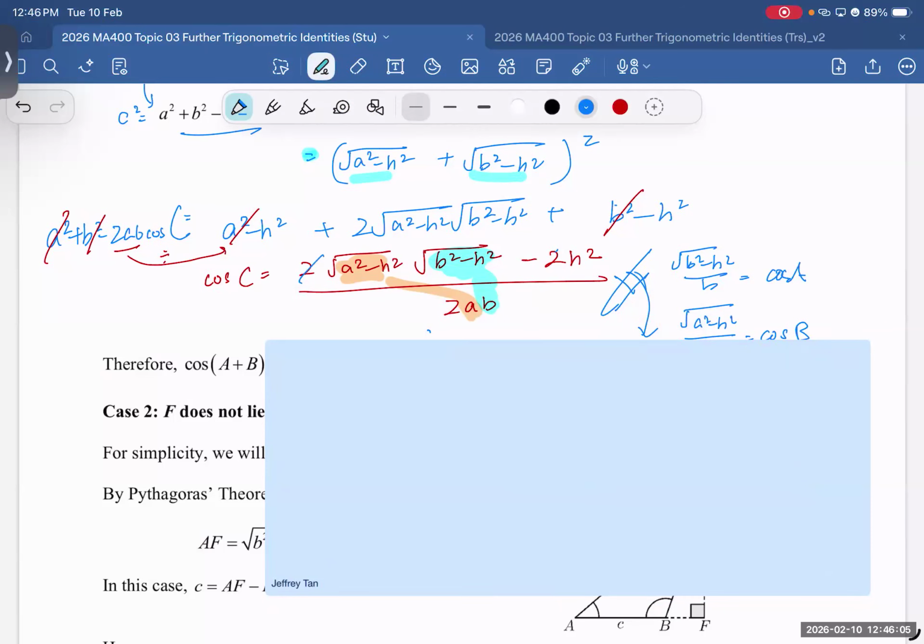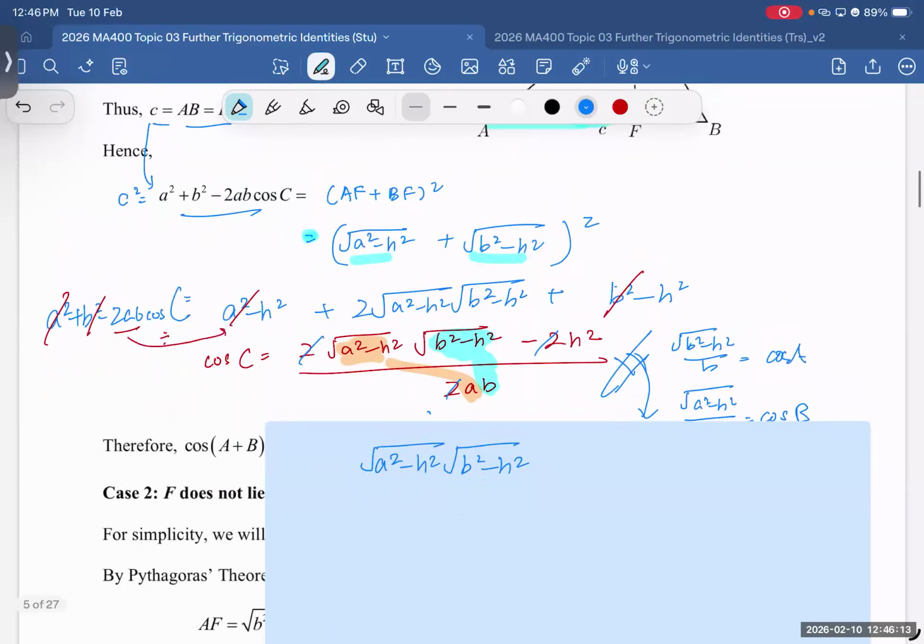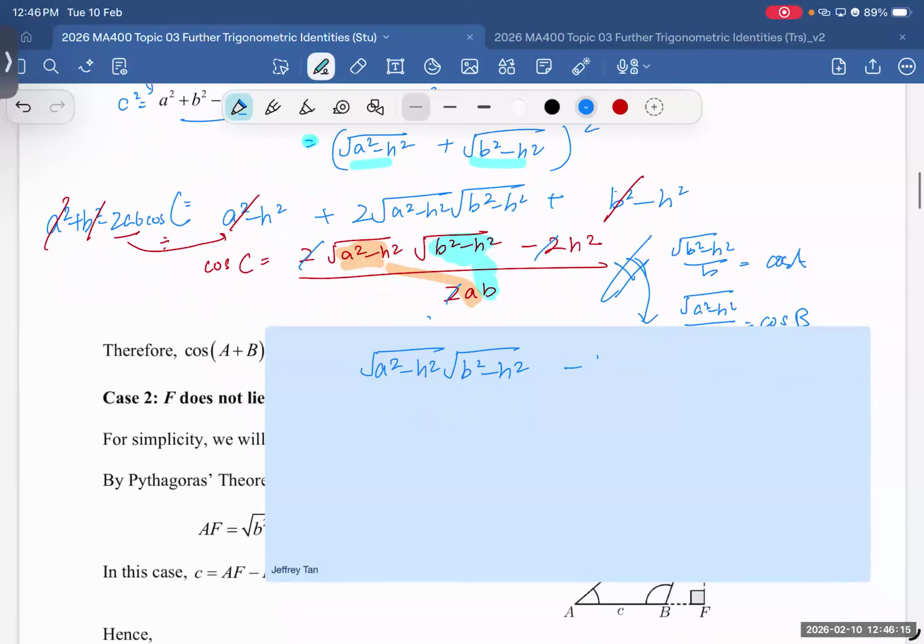I cancel out 2. Can I say this is a square minus h square, b square minus h square, minus h square over a. On the left-hand side is cosine c. So far, okay? I'm continuing from my last step yesterday.